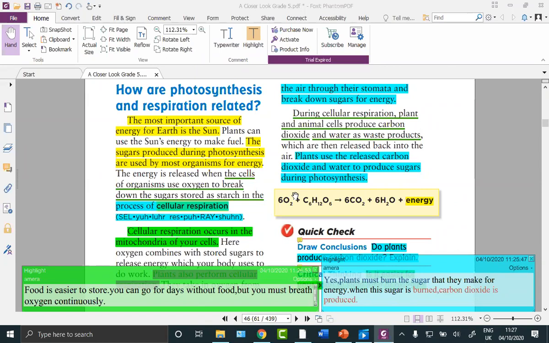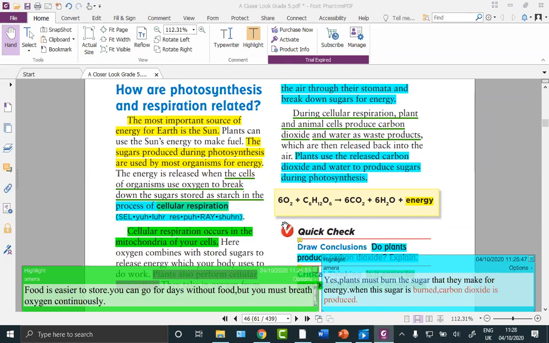The energy is released when the cells of organisms use oxygen to break down the sugar and store it as starch in the process of cellular respiration. Thank you. You did well. I'll choose other students. Mister, can I read because I didn't hear him well? Yes, you can read.